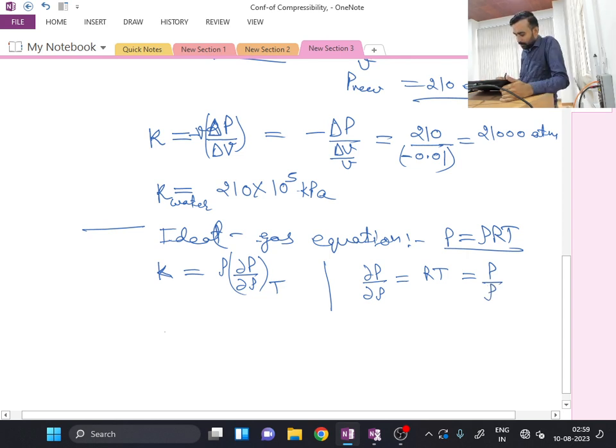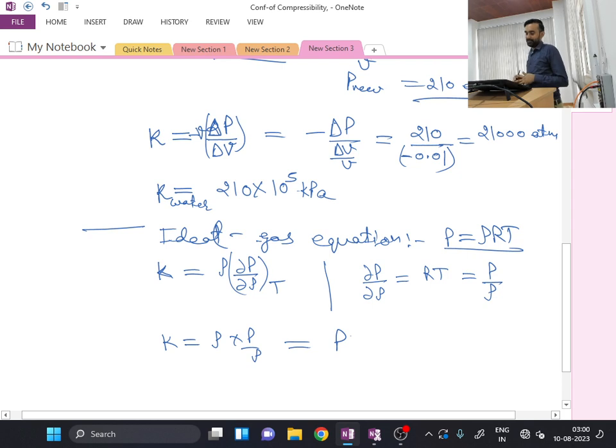Fine. Now if I substitute it over here, rho into P by rho is equal to pressure. So for an ideal gas, compressibility is nothing but equal to the pressure.